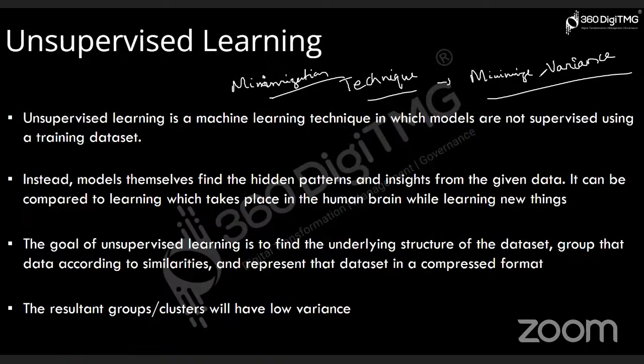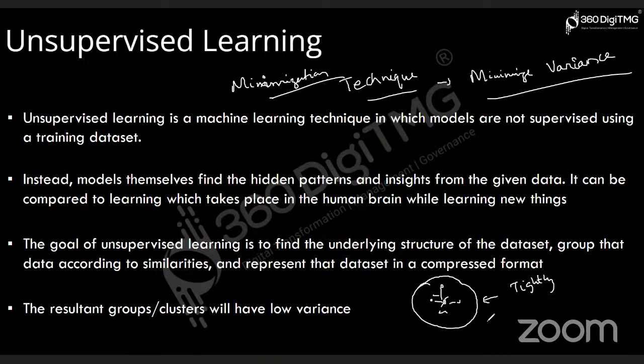How do we minimize variance? We are forming clusters, so we make sure that each cluster is tightly formed. Tightly means the points in this cluster will be very near to each other.